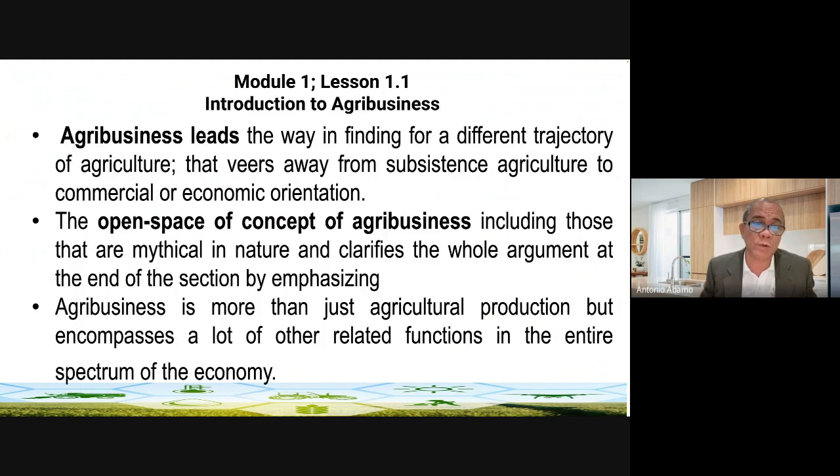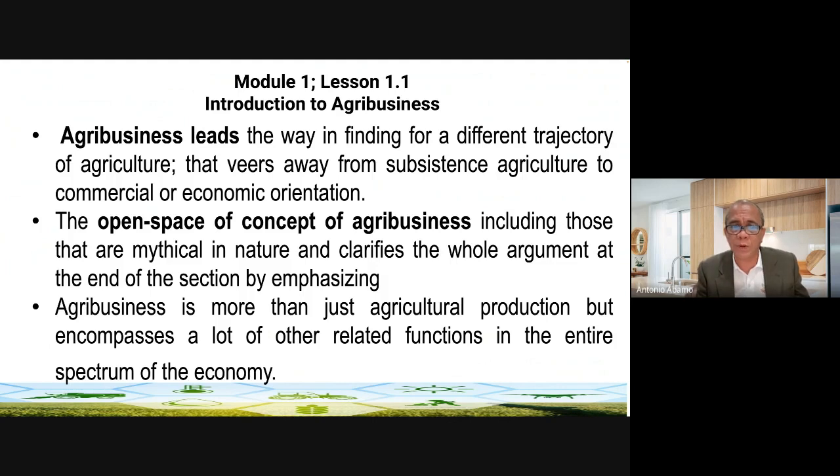So agribusiness leads the way in finding a different trajectory for agriculture. In other words, the direction, the scope, and the depth of agriculture is actually defined by agribusiness.